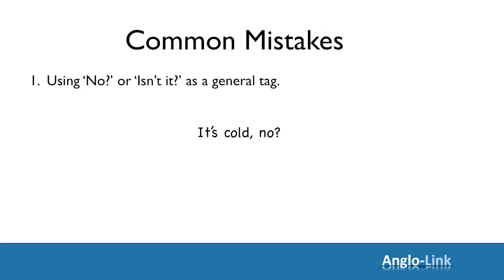You might hear, it's cold, no? The correct tag is, it's cold, isn't it? You have a car, isn't it? The correct tag is, you have a car, don't you?